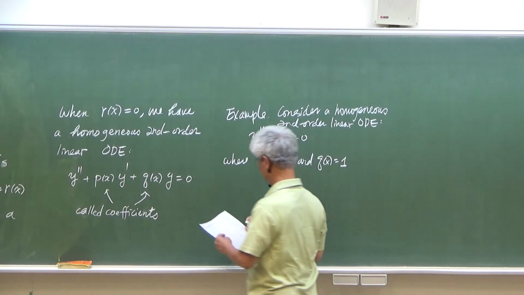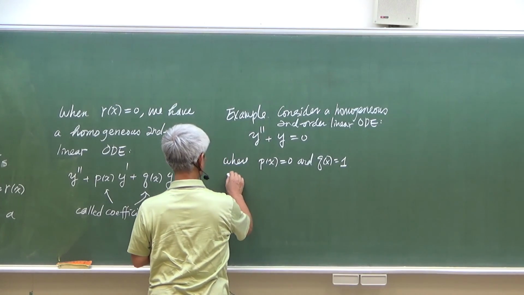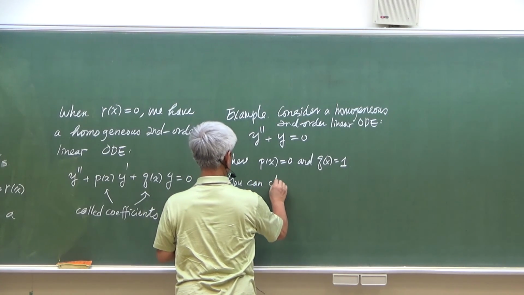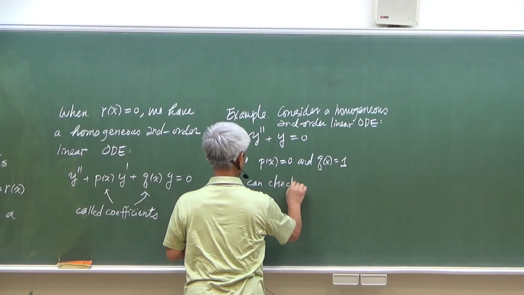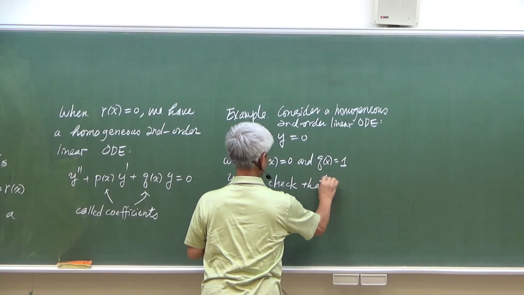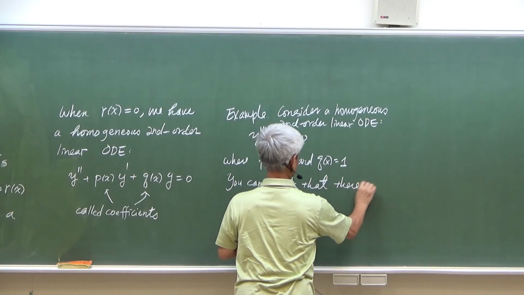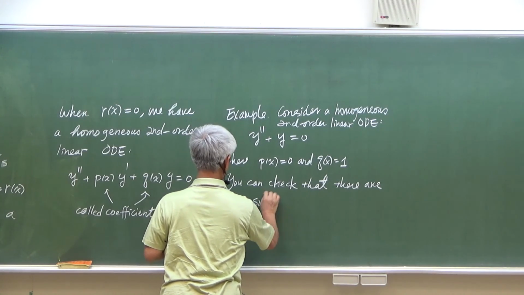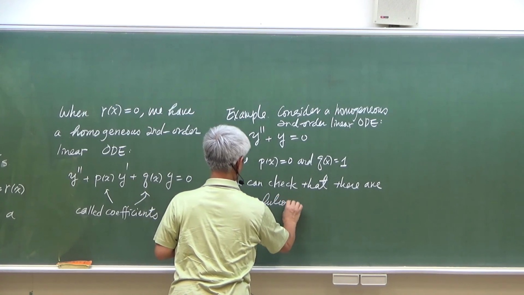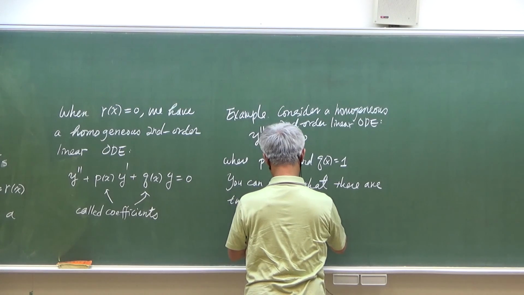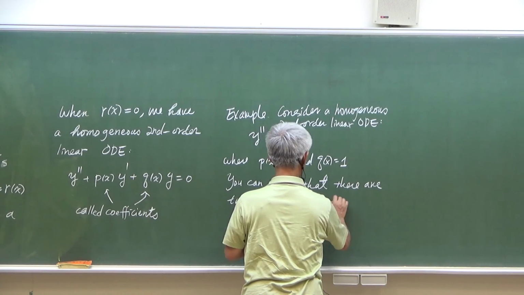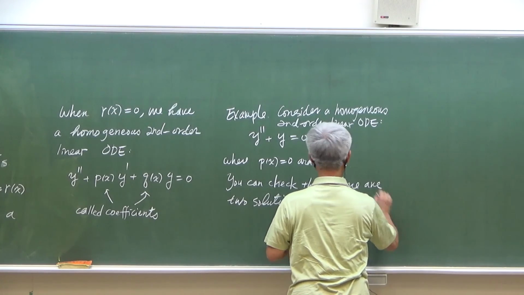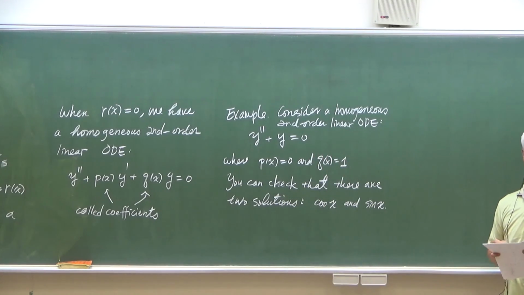You can check that one solution is cosine x, and so it's quite easy to check why.